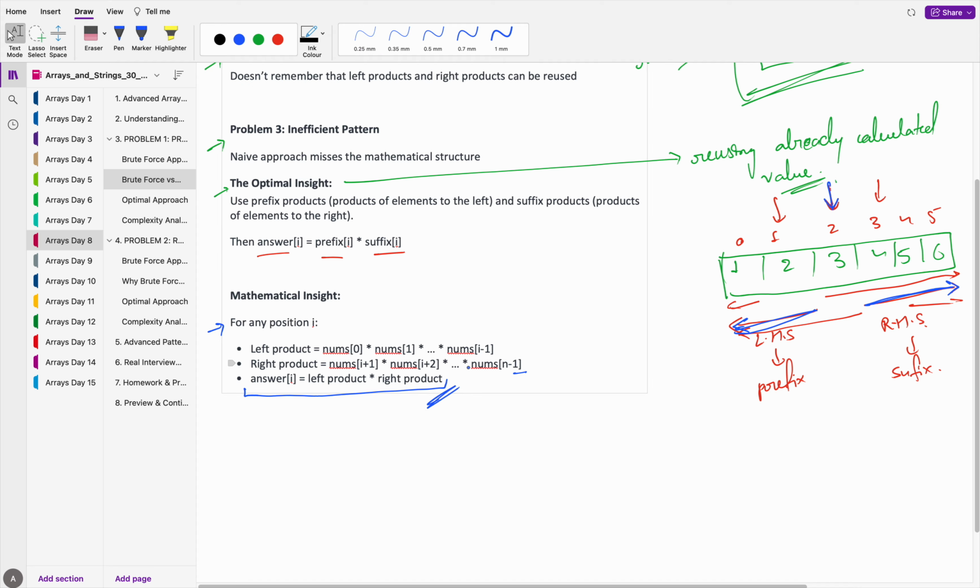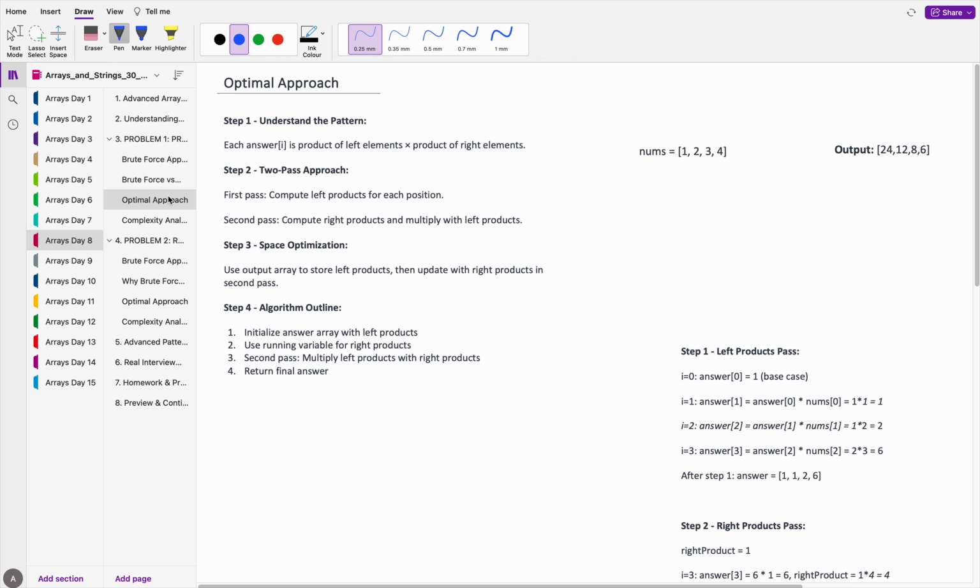This was the hint for you to think in this direction: what else can you do to achieve this prefix and suffix without recalculating? Now let's try to see further.